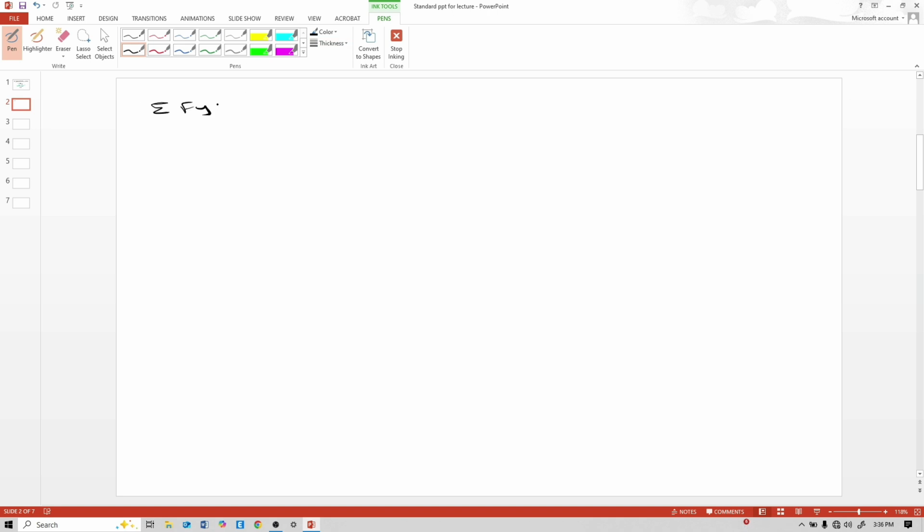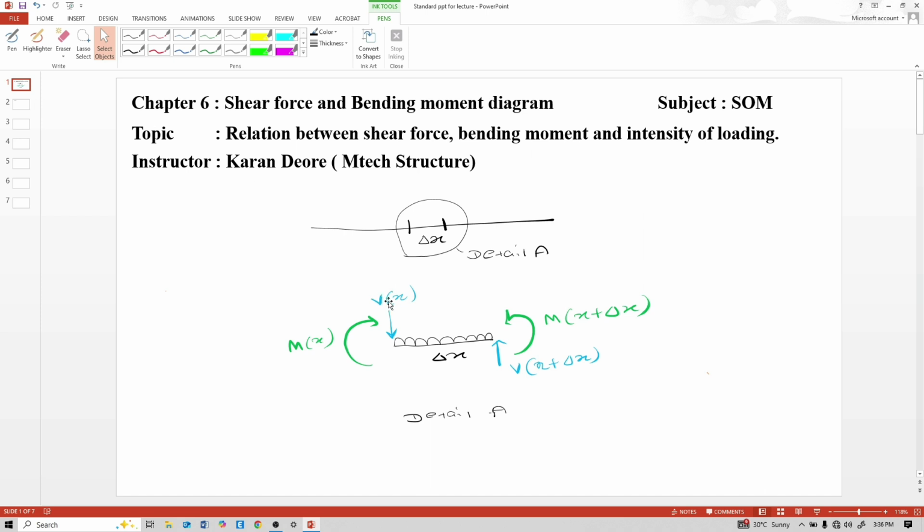Summation of force in y direction is equal to 0. See the y direction forces. This is V of x, a vertical force. This is V of x plus delta x, also a vertical force, and this is the loading. Loading is W of x.